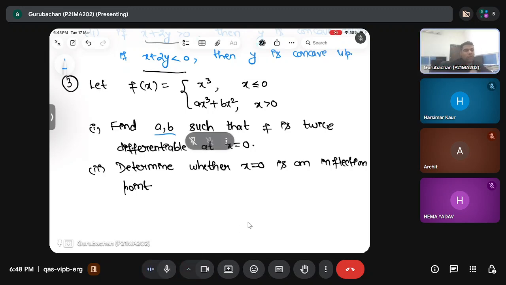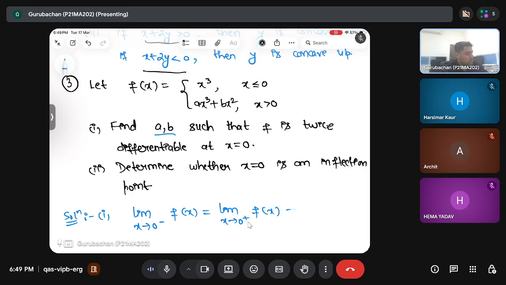What are the values of a and b? Sir, a belongs to R and b equals 0. Good. So first of all, we need to make sure our function is continuous at x equal to 0. For that, the limit as x tends to 0 minus of f(x) must be the same as the limit as x tends to 0 plus of f(x), which is the same as f at 0.